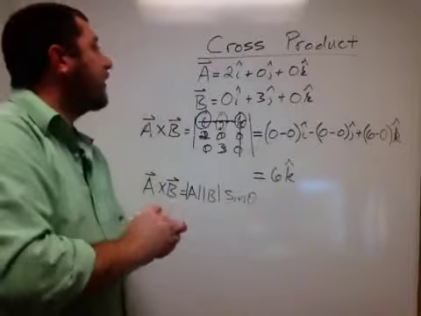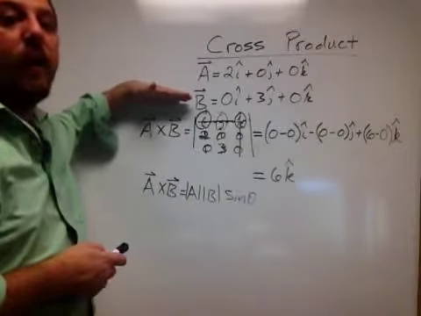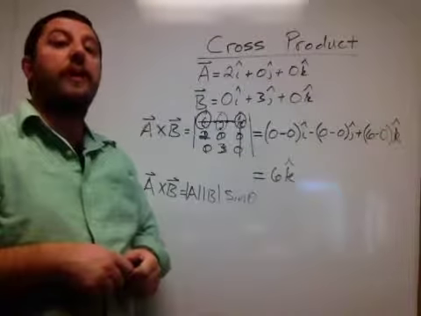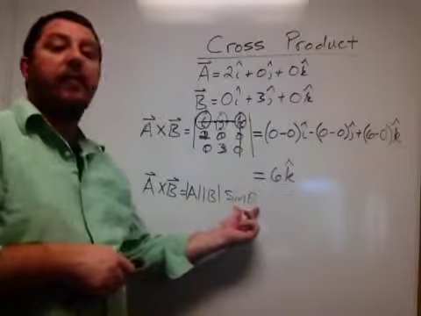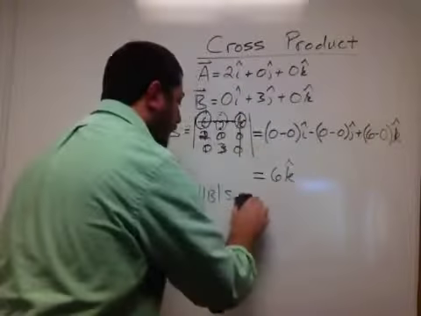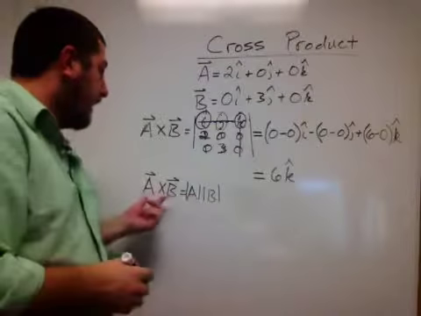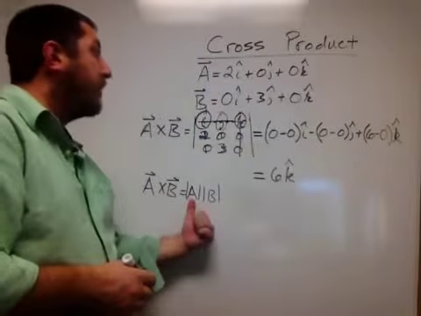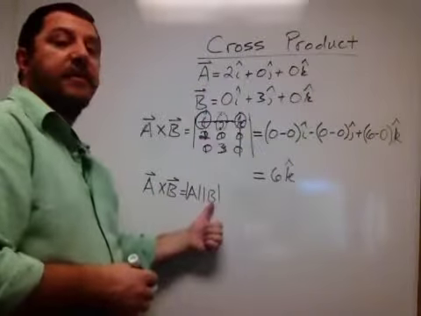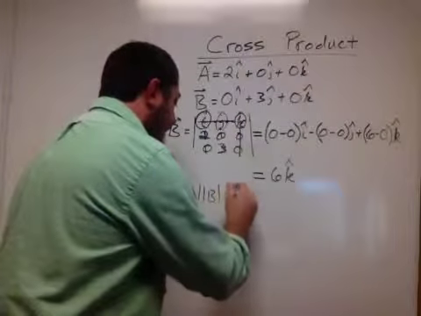Notice that this vector is along the x direction only, and this vector is along the y direction only, so they're perpendicular, and the angle between them is automatically 90 degrees. So the sine goes to 1, and A cross B is just the magnitude of A, which is 2, times the magnitude of B, which is 3, so this gives you a magnitude of 6.